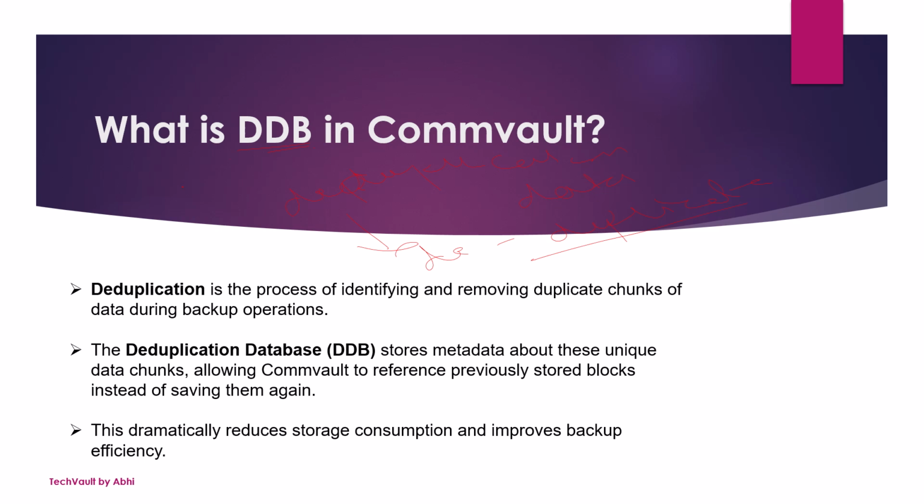So if anyone asks what DDB is in Commvault, you can tell them deduplication is the process of identifying and removing duplicate chunks or blocks of data during the backup operation. That means during the backup operation, DDB will identify and remove the duplicate chunks or blocks of data.